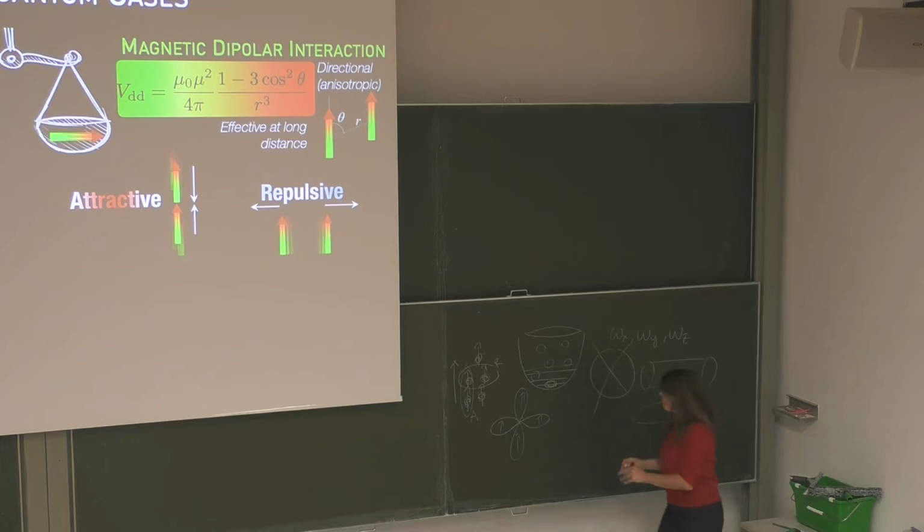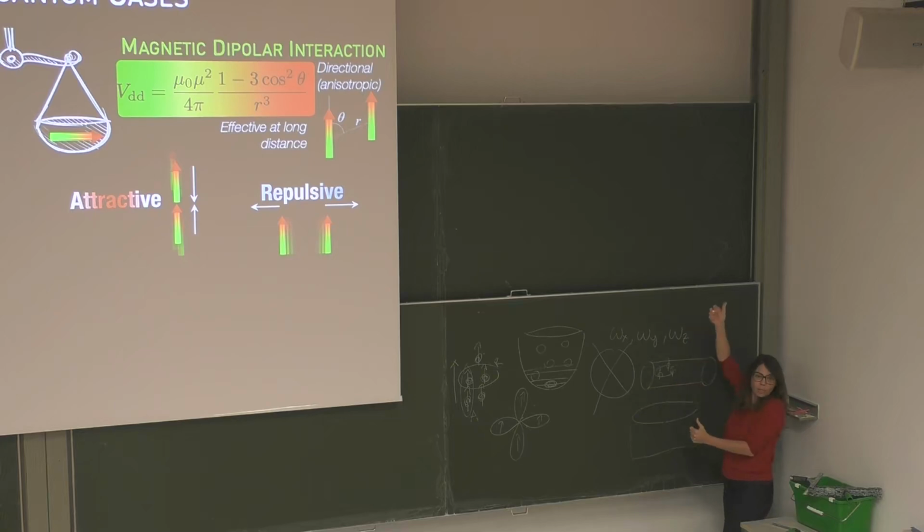Well, here my trap enters to play. Because if I have this type of configuration, on average my three-dimensional atoms will be more likely to be side by side, because it's elongated. I have more side by side than head to tail. If I have it here, it will be the contrary. Let's say now I do it like this here.